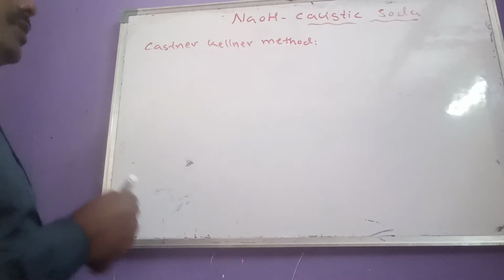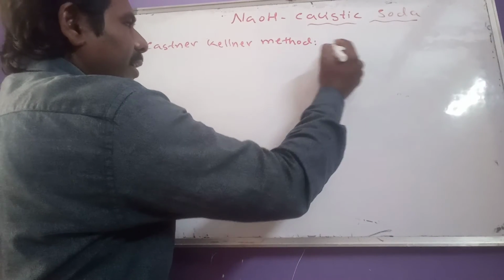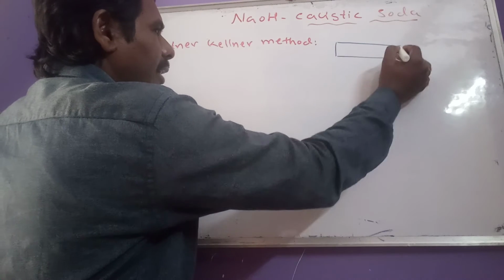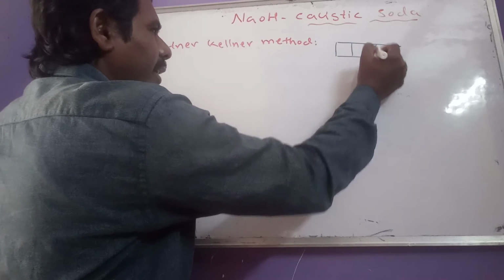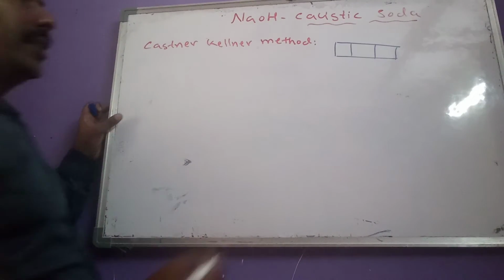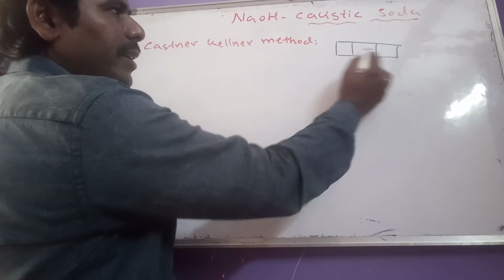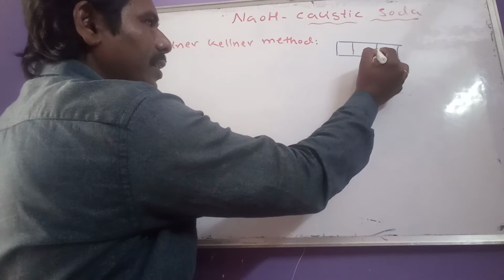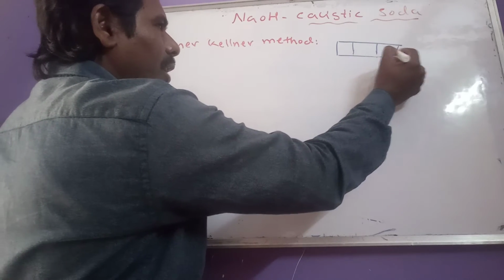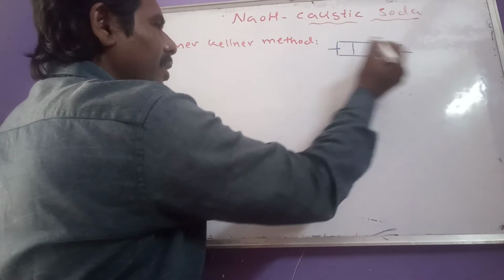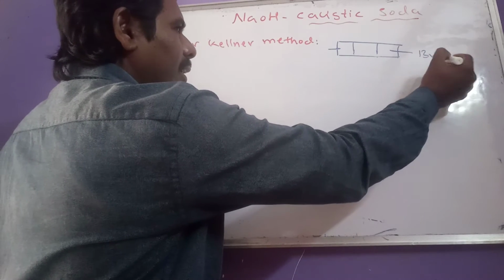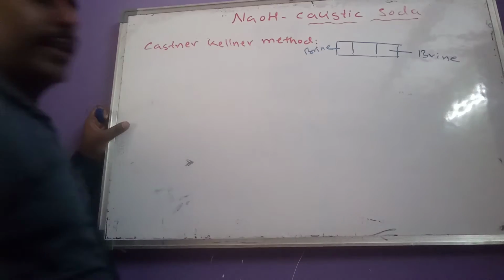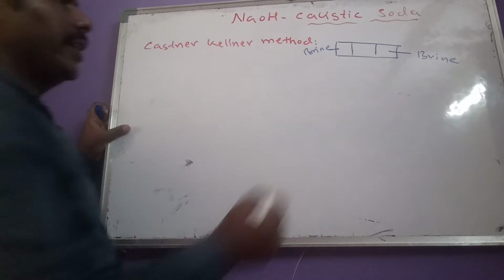We use a rectangular iron tank divided into 3 compartments using 2 slate partitions, and into the outer compartments we have to take brine solution.